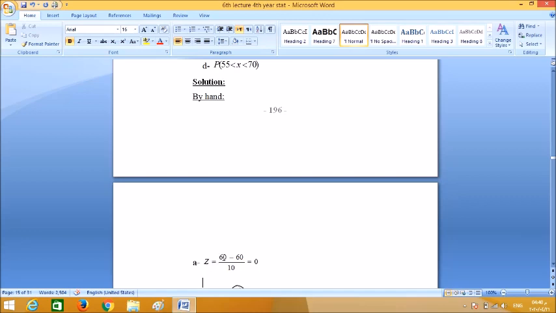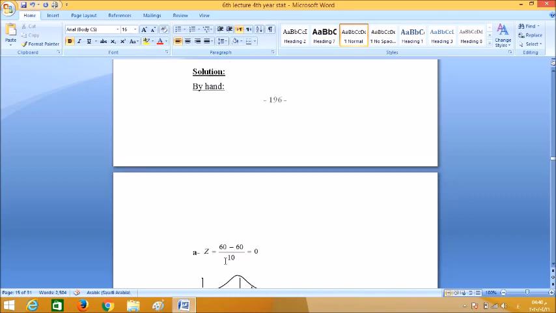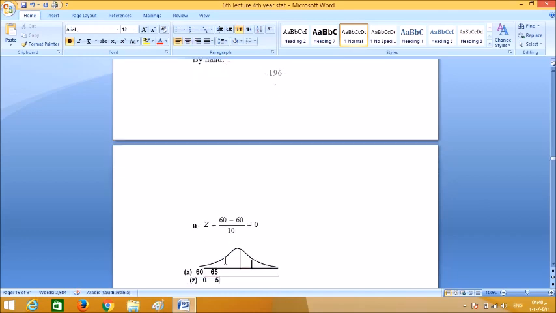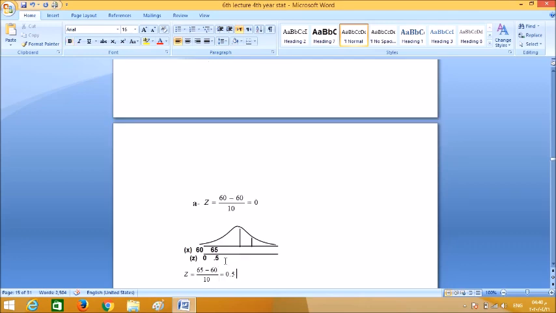Solution: Z for A equals 60 minus 60 equals 0, divided by 10 equals 0. So when x equals the mean, Z equals 0, like this. Okay.